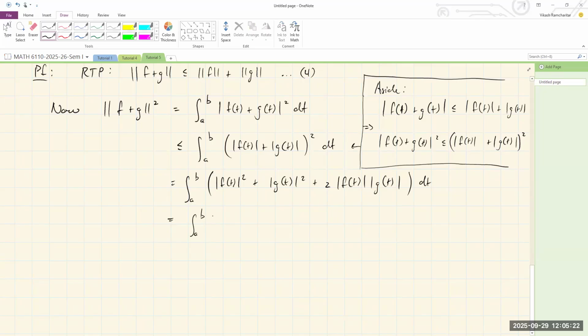So this is the integral from a to b of modulus of f of t squared dt, plus the integral from a to b of modulus of g of t squared dt, plus, and this 2 I could pull out from the integral, 2 times the integral from a to b, and you of course know that the modulus of alpha times the modulus of beta is equal to the modulus of alpha beta. So I'm going to push f and g together under one modulus.